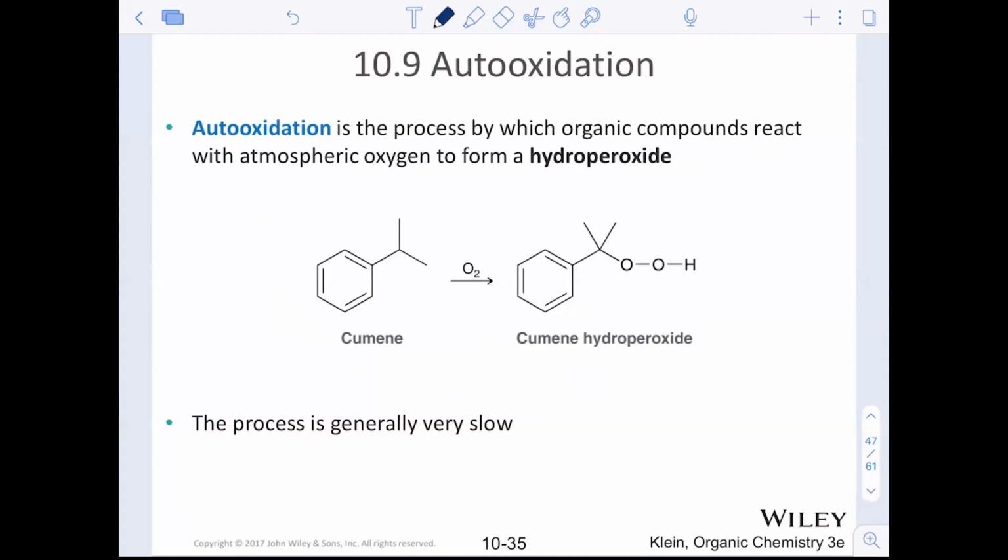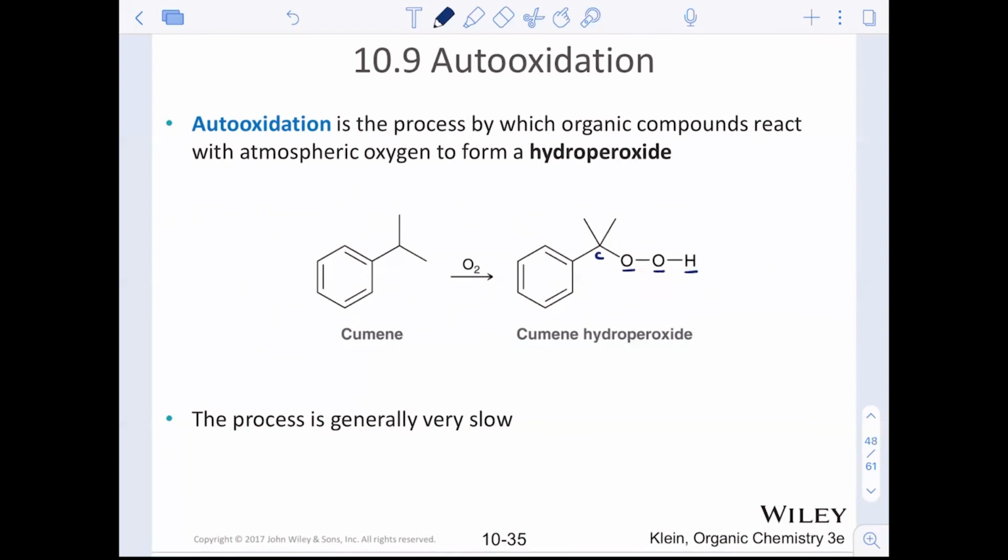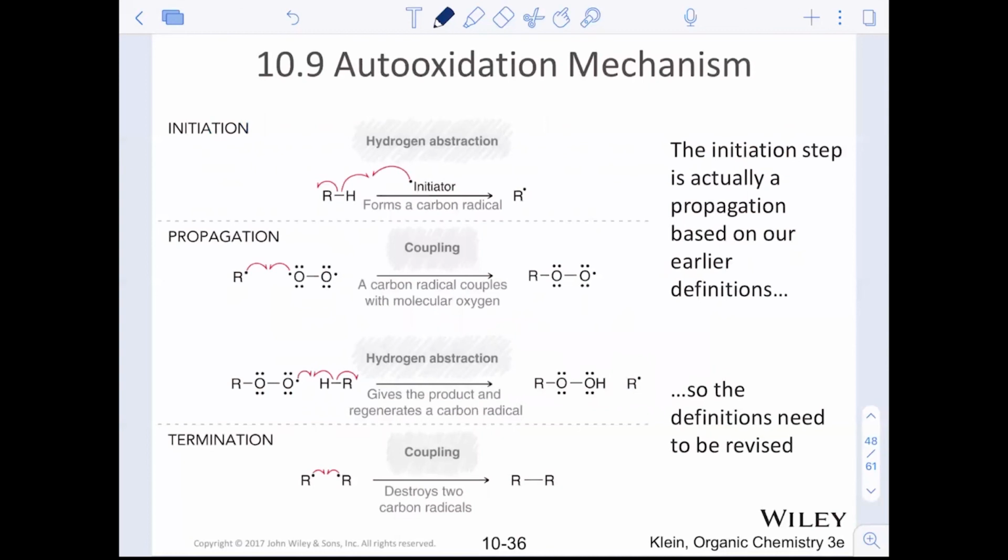Autooxidation is a really interesting process. It's when atmospheric oxygen can form a hydroperoxide, so it's this carbon, oxygen, oxygen, hydrogen functional group. This process is generally really, really slow. However, it is formed with a radical reaction. Now, you don't need to know this radical reaction, but why is it important?